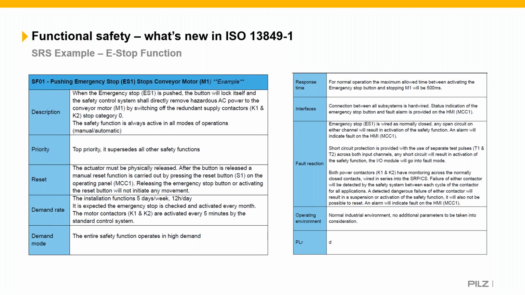And it states about the operating environment. It's a normal environment, nothing to be considered, and the target performance level was D. So this is going to be needed for every safety function moving forward under the requirements of the latest version of the standard in your SRS.